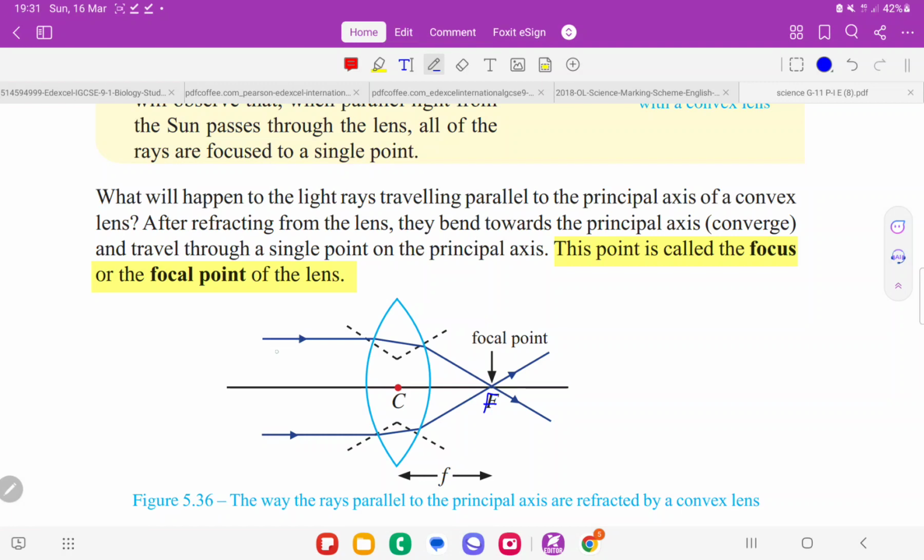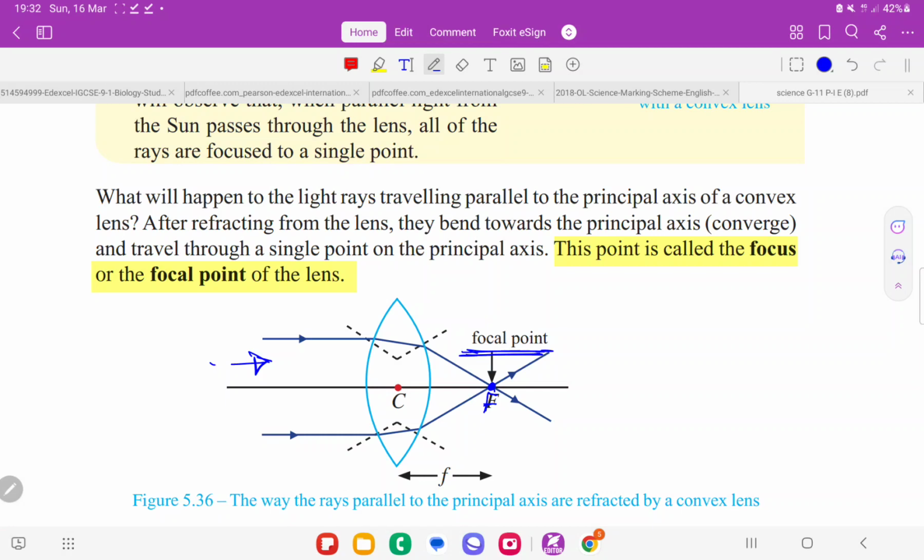To get the focal point of a convex lens, you need to bring parallel light rays, a beam of light rays, then you can see at the other side these light rays meet each other at one point, forming a very bright dot. That point we call the focal point of the convex lens.